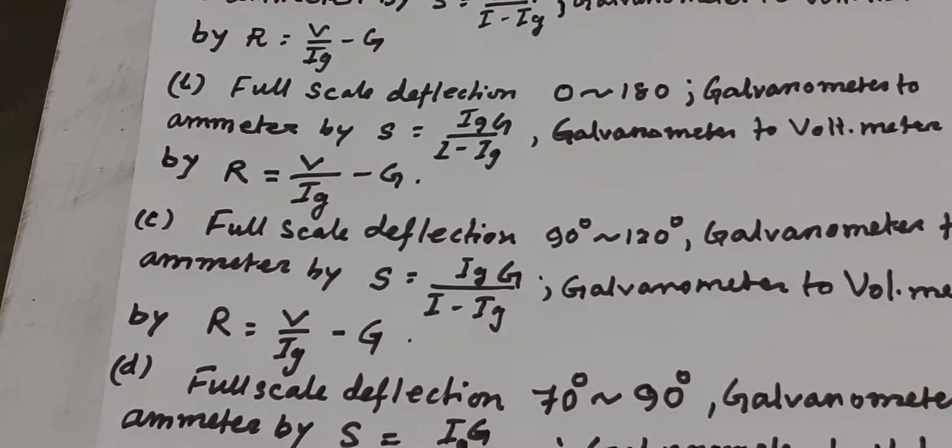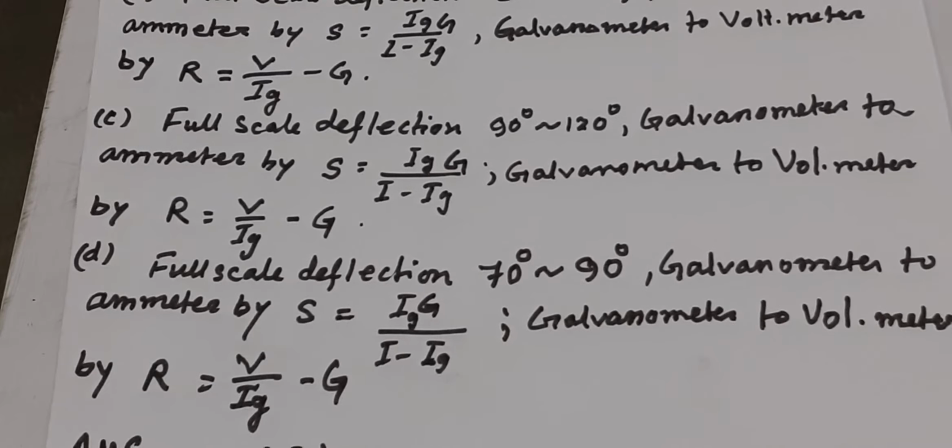Again shunt is I_g G divided by I minus I_g, and when it is converted to a voltmeter, R equal to V by I_g minus G. And for D, full scale deflection is 70 degree to 90 degree, and modifications are for shunt I_g G divided by I minus I_g, and for voltmeter R equal to V by I_g minus G.